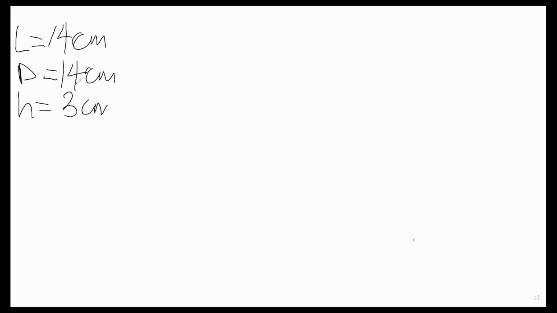Now, the slant height, which is L, is given as 14 centimeter. The diameter is given as 14 centimeter as well. And lastly, the height, H, is given as 3 centimeter.